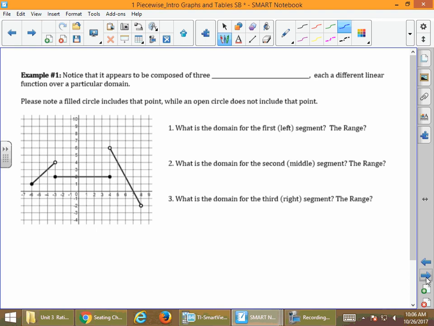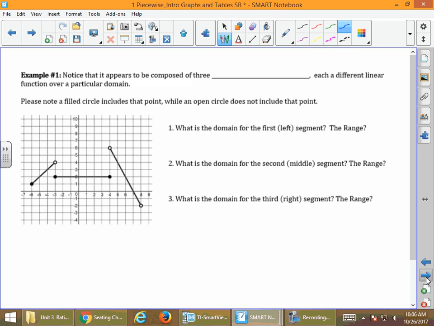But if we look at the picture here, what we've got in our picture is parts of a graph. So we have a part over here to the far left. And we have a part here in the middle of the graph. And we have another part to the far right of the graph.